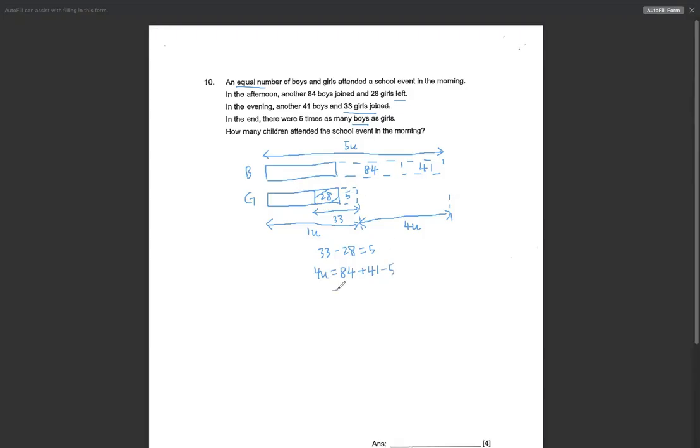To find this portion, 33 minus 28 will give us 5. So this 5 you put here. To find the 4 units, you take 84 plus 41 minus this portion, 5. You key in your calculator, you will get 120. So always find 1 unit. You take 120 divided by 4, we will get 30 for 1 unit.